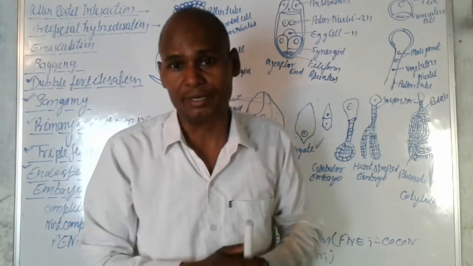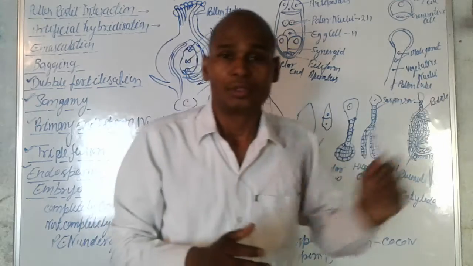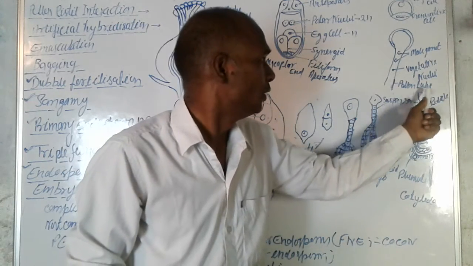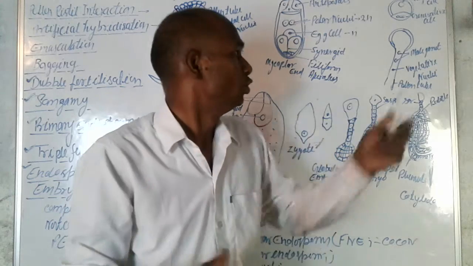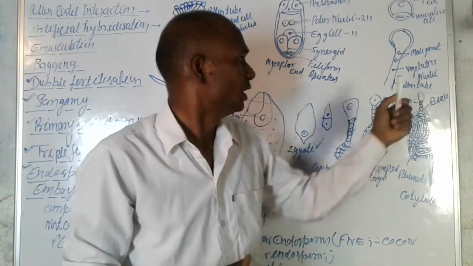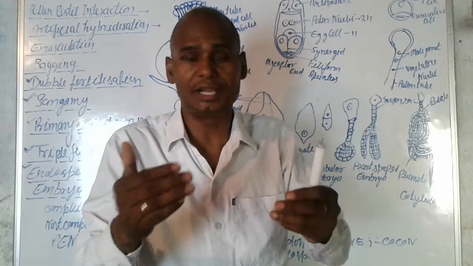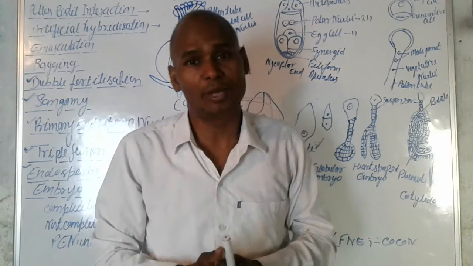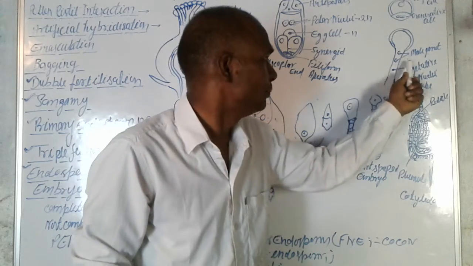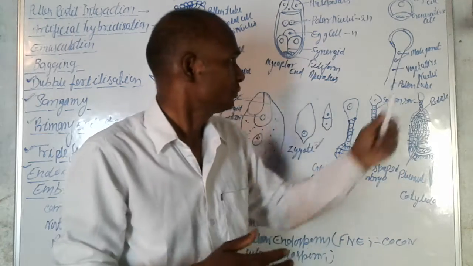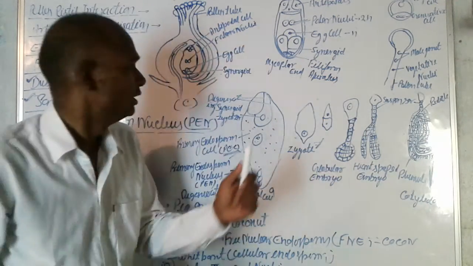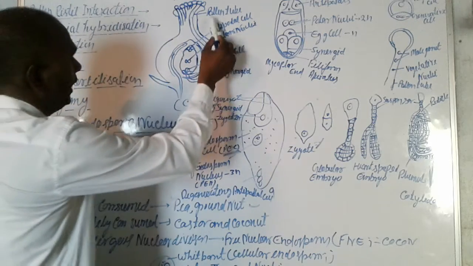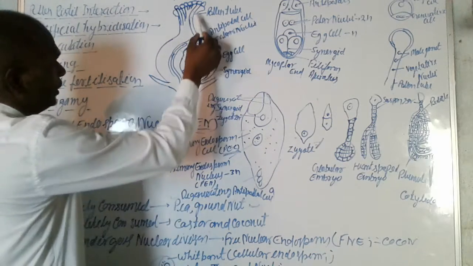There are 2 male gametes and 1 vegetative nucleus inside the pollen tube. This male gamete fuses with the female gamete, and this is the pollen tube.